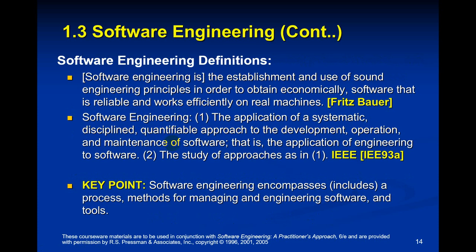Now, software engineering definitions. There are so many definitions, but I just want you to understand the basic definition and then we can move on. Software engineering is the establishment and use of sound engineering principles in order to obtain economically software that is reliable and works efficiently on real machines. So it is one definition that says software engineering is a process in which we use engineering principles and guidelines. Why use those principles and guidelines?